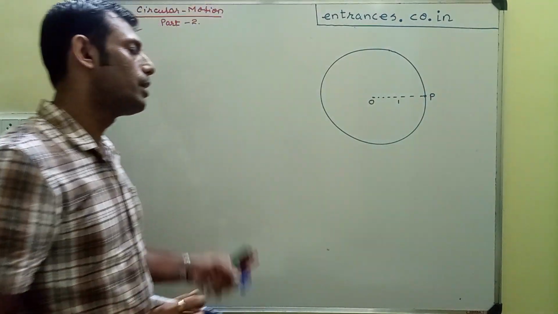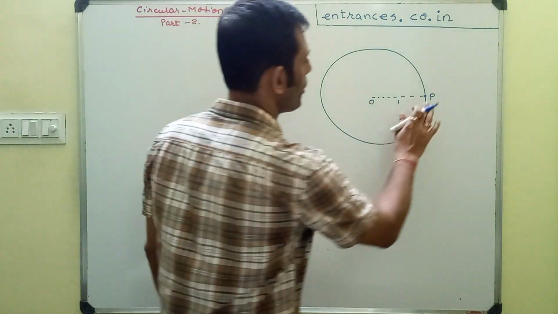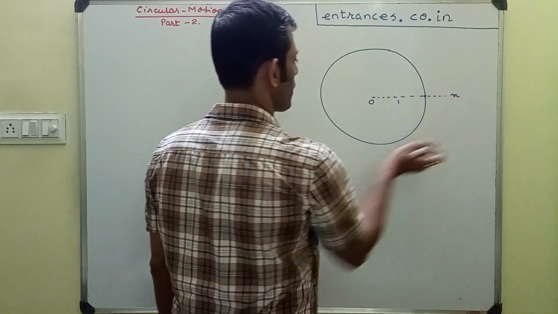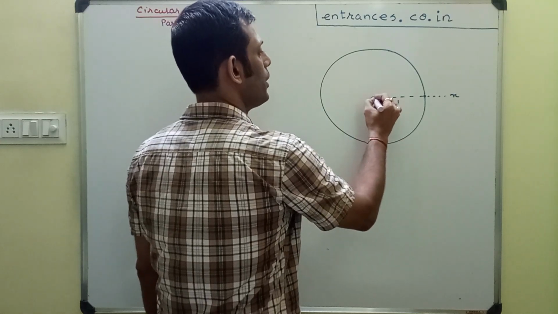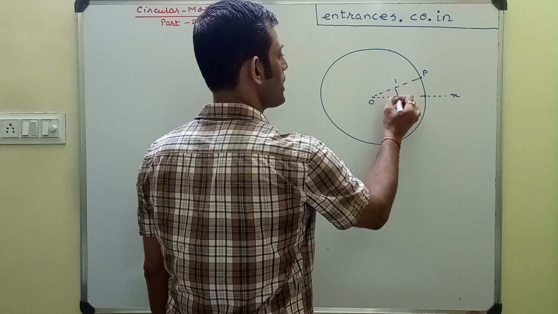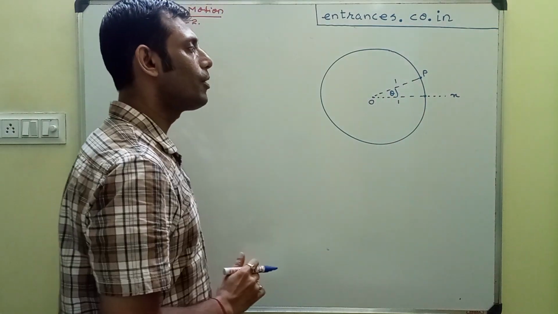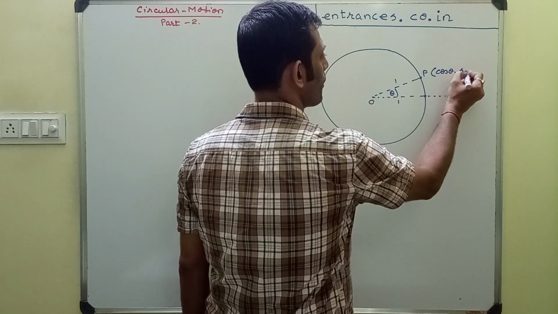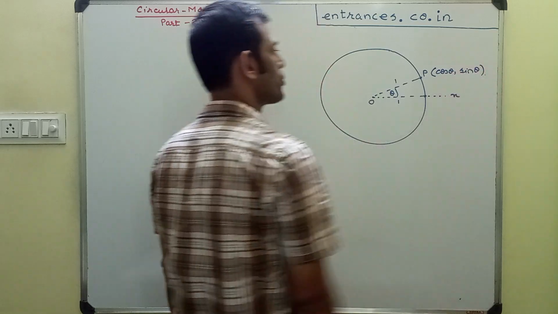Let's say this is the horizontal x axis direction, and let's take the position of the particle somewhere here, point P, and this angle is theta. Then obviously this point P is at cos theta comma sin theta as coordinates.